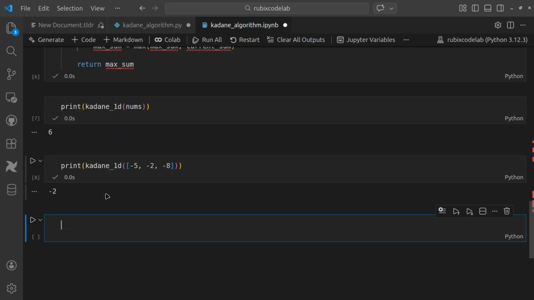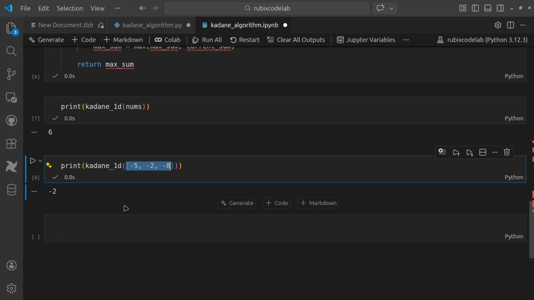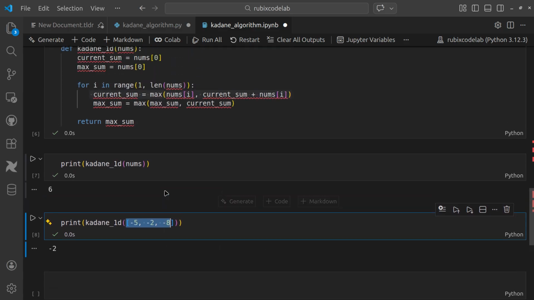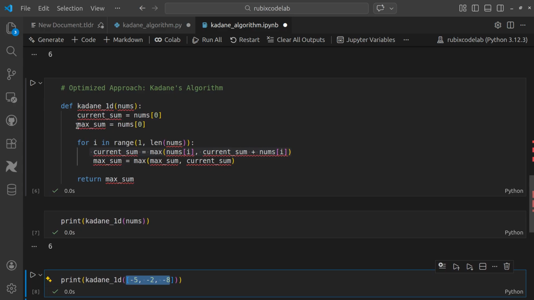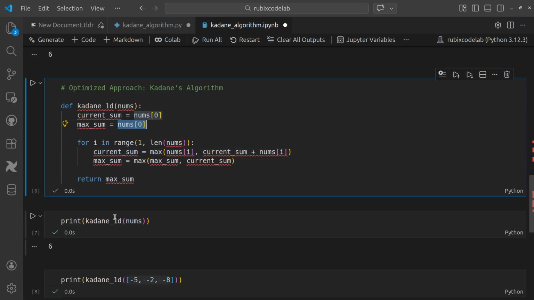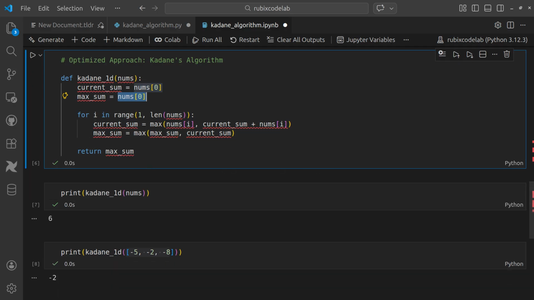Notice something important. Even when all the elements are negative, it still works because we initialize with nums of 0, not 0. This avoids incorrect results.